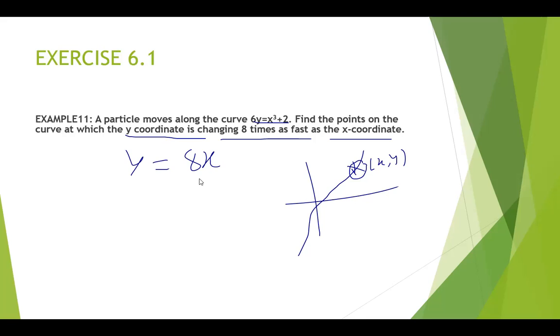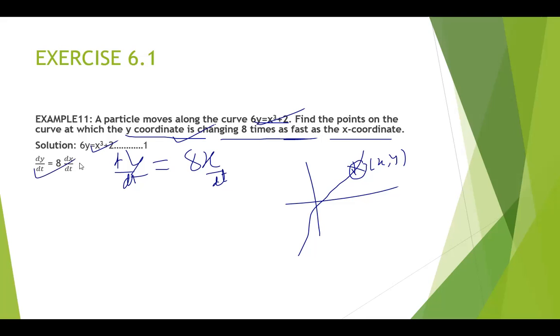Okay. Now I have to find out dy upon dt. The equation of curve is 6y is equal to x cube plus 2. What they have given, dy by dt is 8 times of dx upon dt, because y coordinate is changing 8 times as fast as the x coordinate, means the rate at which y and x are changing is given.